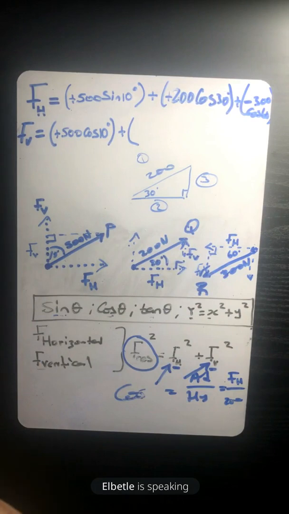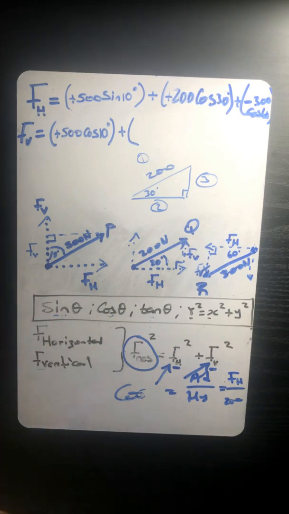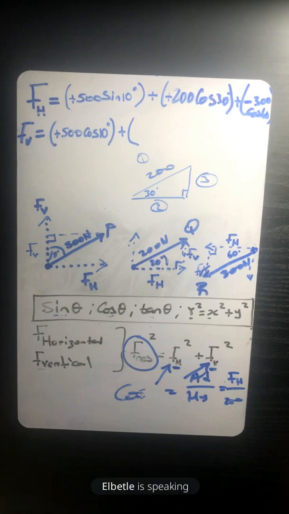We're looking for side 3. What is the name of side 3? It's the opposite. Which trig ratio has got opposite? Sine. What does it mean, LB? Means that we are using sine. 100%.